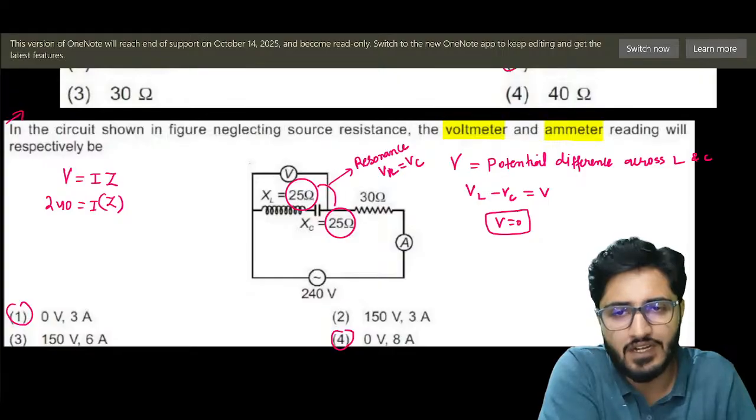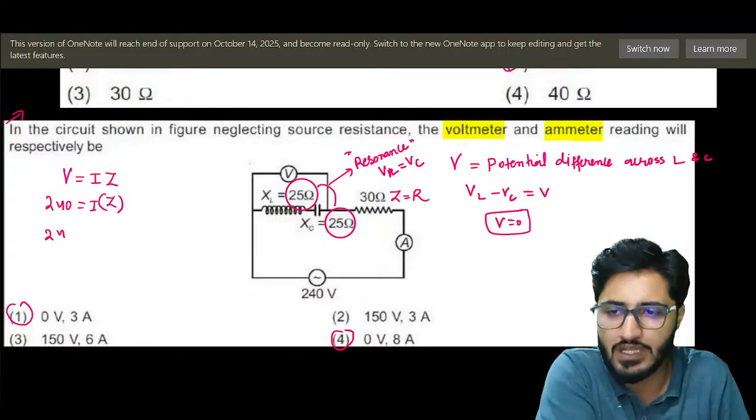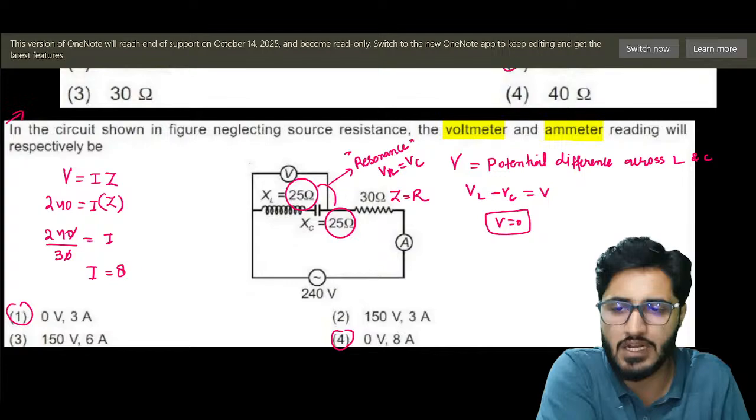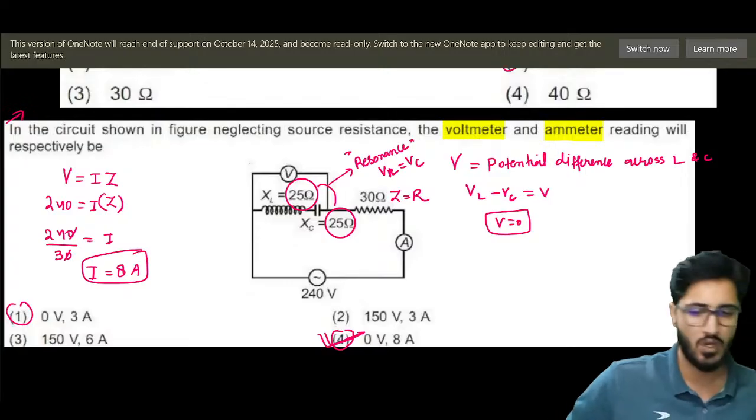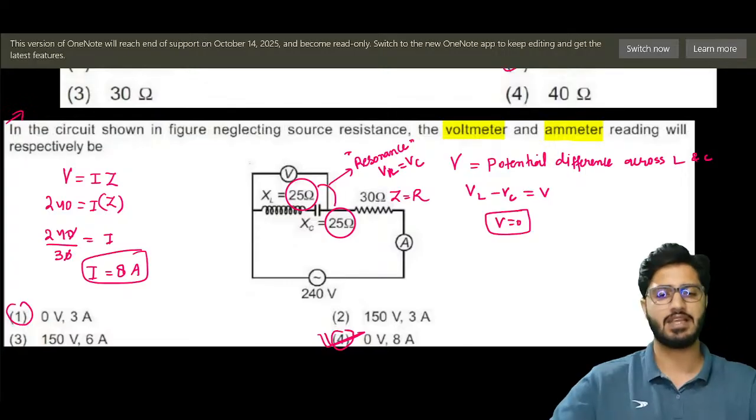If it is a resonance condition, so my Z equals to R only. So I can write 240 divided by Z. Z is 30. 30 equals to I. 0 cancels out, so I came out to be 24 by 3, 8 ampere. Option number 4 is my correct answer.